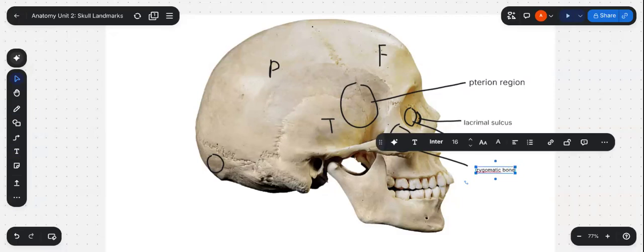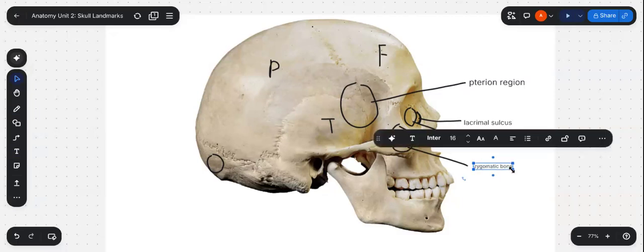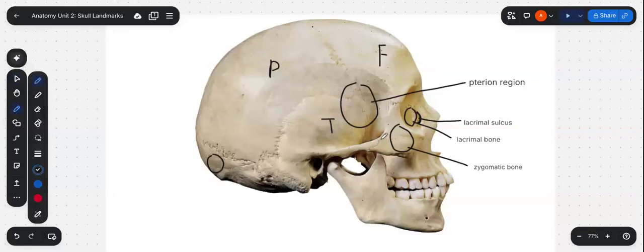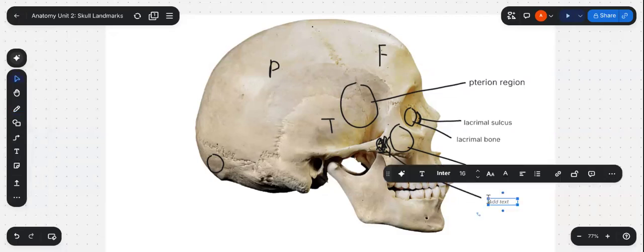Zygomatic bone, aka your cheekbone. Then you have the temporal process. Temporal process is basically this region over here that I can shade in. That is your temporal process. So it is right next to your zygomatic bone.